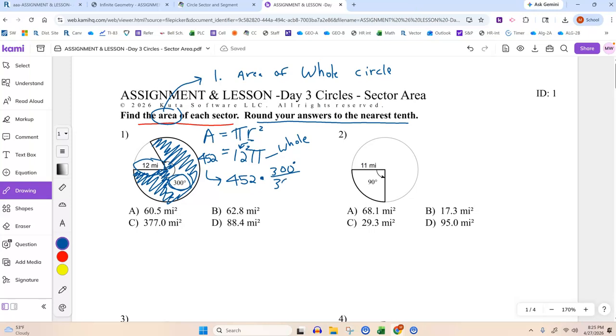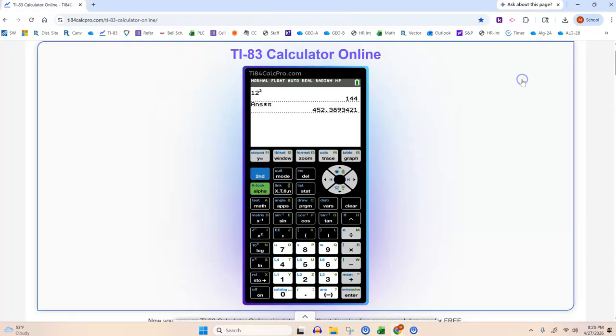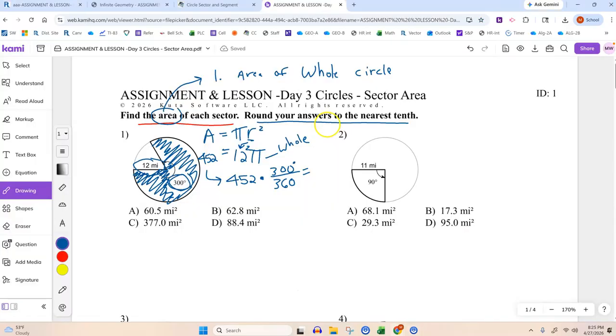What's the total degrees in a circle? 360. So then we go times 300 divided by 360, enter, and I get 376. But remember, we're rounding our answers to the nearest tenth, so it's 377 meters squared.